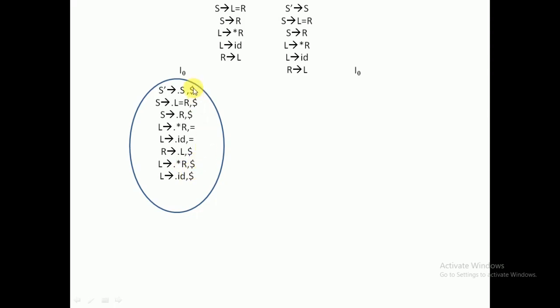Okay. See here, this is nothing but an item set which started deriving from the start symbol. Initially we have taken one production. The dot is in front of the start symbol, so we derive their closures. Again the dot is in front of L and R, so we write their respective closures.